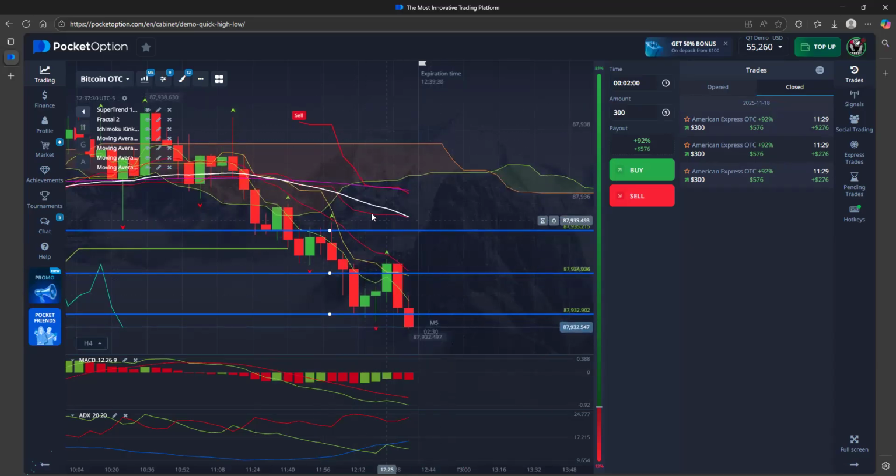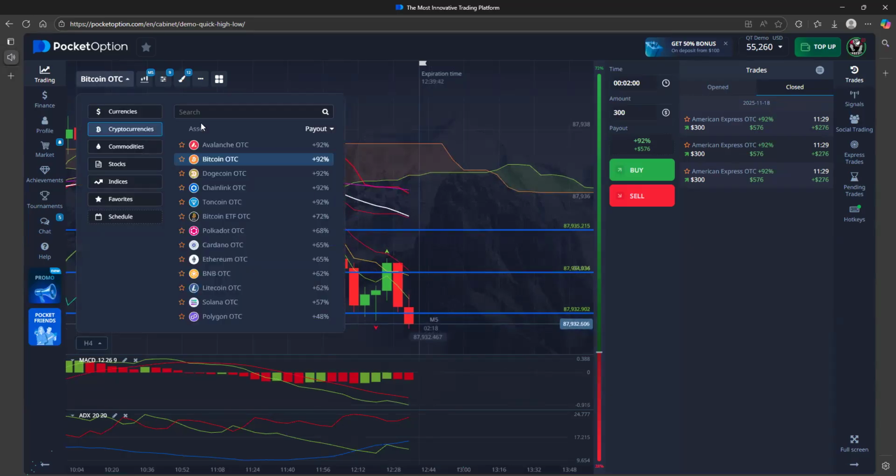Because you know why? If this pair continues to trade like this much longer, if I was trading by myself, Claudia, you know what I'm doing? I'm going over here and I'm clicking on this and I'm looking at all these other pairs. If these pairs don't look good to me, then I'm coming over here to currencies. If these don't look good to me, then I'm coming to commodities.